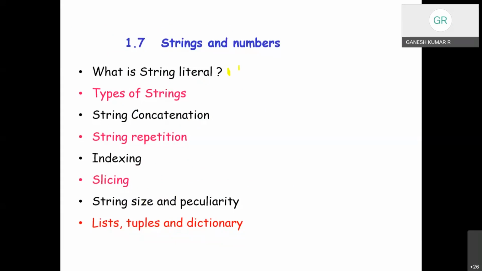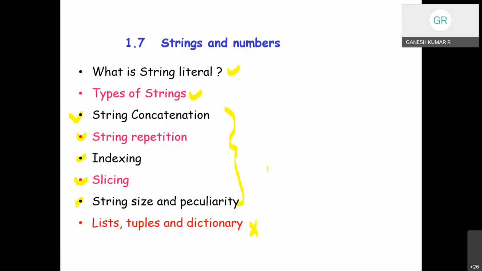So what is a string literal? The different types of string and the various string operations: concatenation, string repetition, indexing, slicing, string size and peculiarity. We'll cover them with simple examples. Lists, tuples and dictionaries, we'll check in the next session.